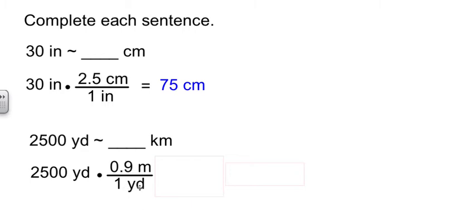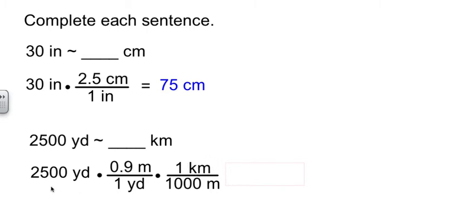We know 1 yard is roughly equal to 0.9 meters. Yard cancels yards. Now I've got a number of meters. And we looked at last time how to go from meters to kilometers. 1 kilometer is the same as 1,000 meters. So now the meter will cancel the meter and I'll have kilometers left.